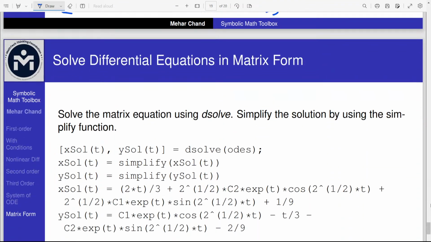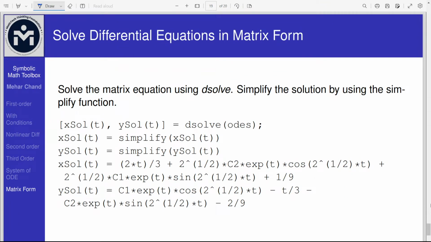And after that, if you want to solve, the same process we are using here: xSol(t), ySol(t) is equal to dsolve(ode). We need to simplify xSol(t), and ySol(t) we also need to simplify, and this will return the results.